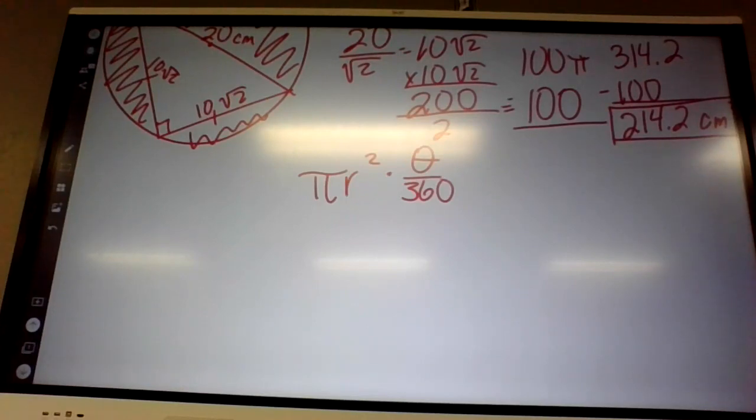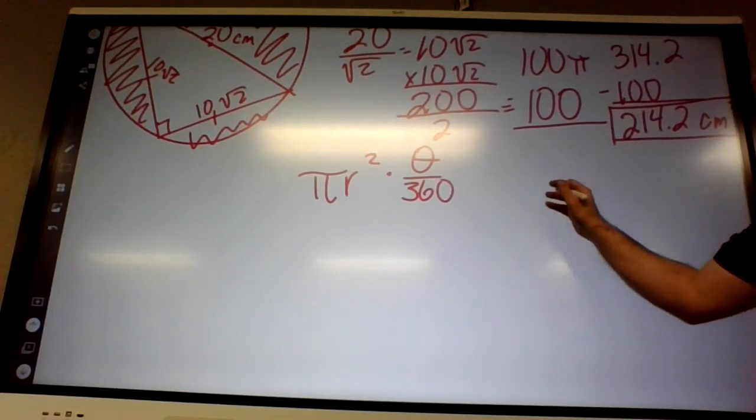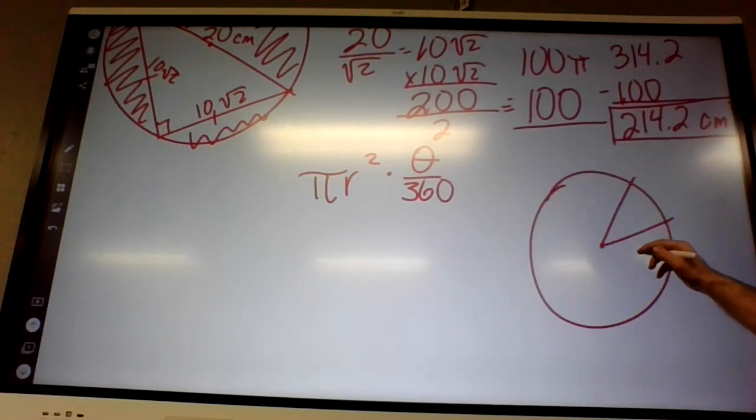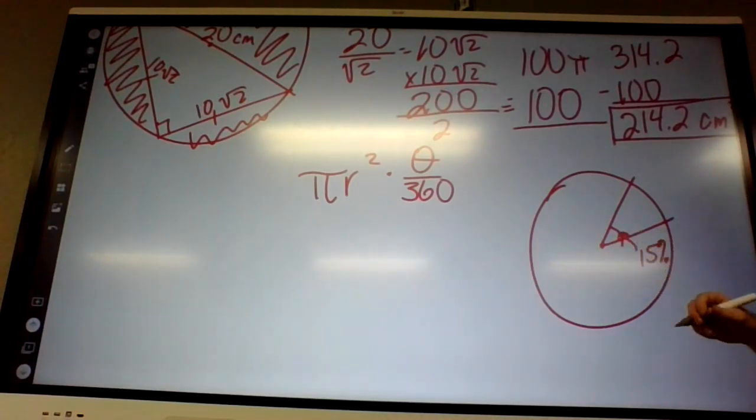So if 15% is going to missions, what should that central angle be for that piece of pie? If you're drawing a pie graph and 15% is going to missions, what will that angle have to be?